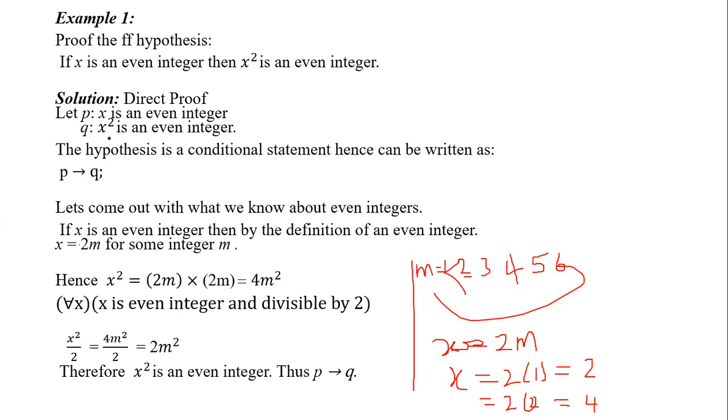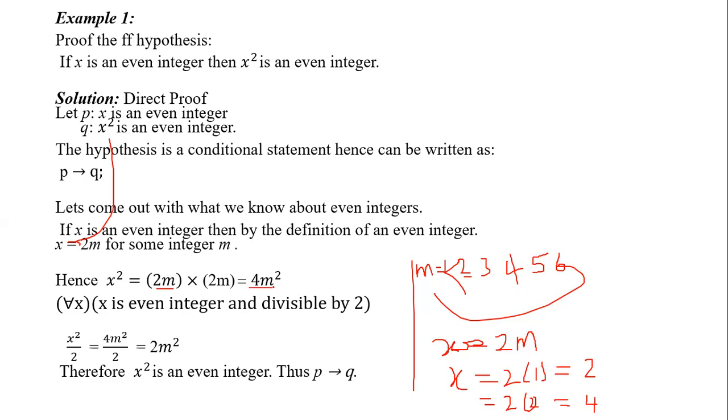If x equals 2m is even, then x squared must also be even. So I must square my x, and x squared means 2m times 2m, which gives me 4m squared.